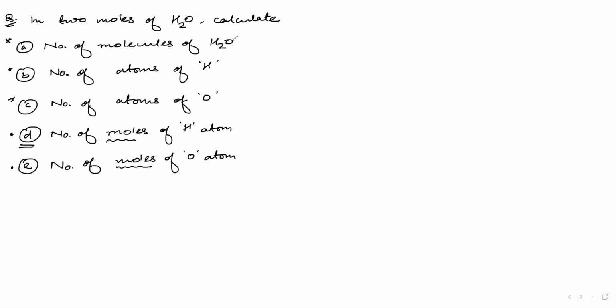Number of molecules of H2O will be equal to 2 into Na, and number of atoms of hydrogen will be 2 into Na. Shri and Mahima, I guess both of you have multiplied these things, but in this class I'm just looking for the concepts.